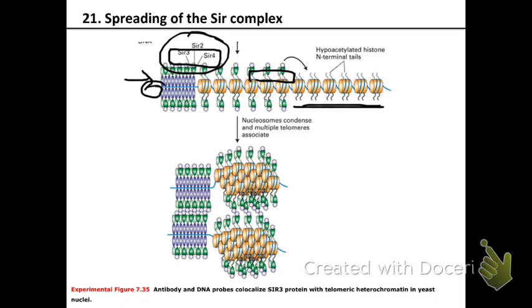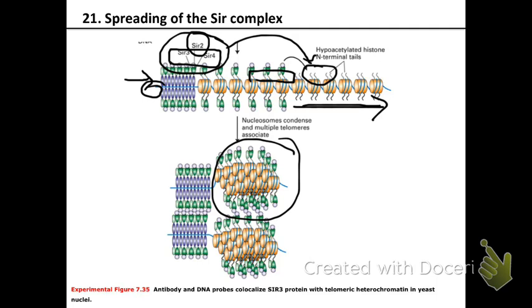SIR2 is an enzyme that is a deacetylase, and it goes and removes the acetyl groups from the histone tails, then that serves as a binding site for further SIR3 and SIR4, etc., and the heterochromatin spreads. The other property of these proteins is that, just like HP1, they can interact with each other and form this condensed heterochromatin structure at the telomeres.